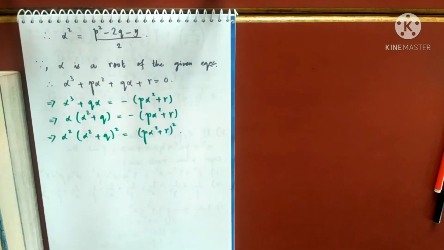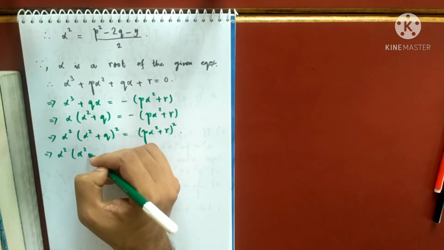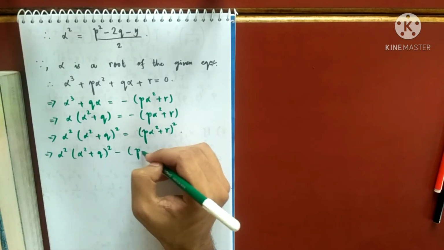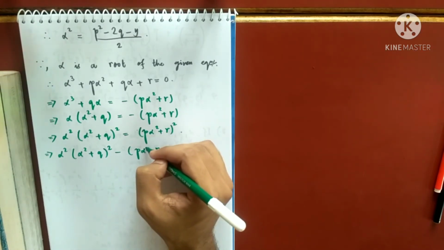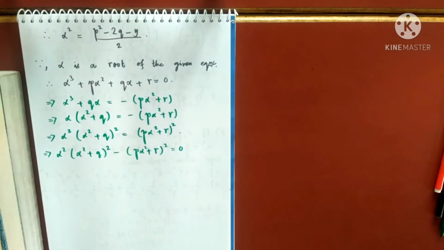So this is alpha square into, so why this is important, please understand. Because I don't want the powers to be fractional. I want a polynomial, keep that in mind. A polynomial is the one which does not contain fractional powers of the variable.